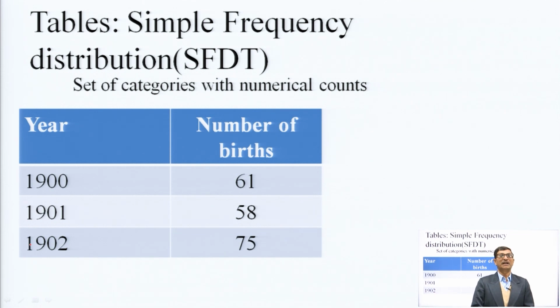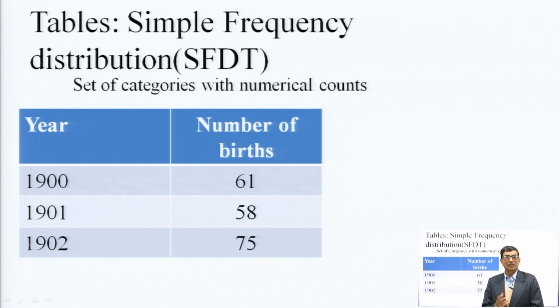This is the first table, a simple frequency distribution table. In this we have two columns. In the first column we have the variable, and in the second column we have the frequency. For example, it is a set of categories with numbered counts. This is the frequency, and in this example, in the year 1900 the number of births is 61.